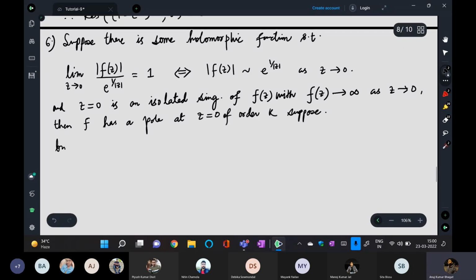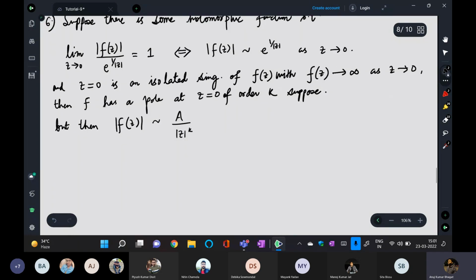But then f(z) अगर ये k ऑर्डर का पोल है 0 पे, देन फंक्शन जो है अप्रोक्सीमेटली किसकी तरह बिहेव करेगा, a by z to the power k, right?